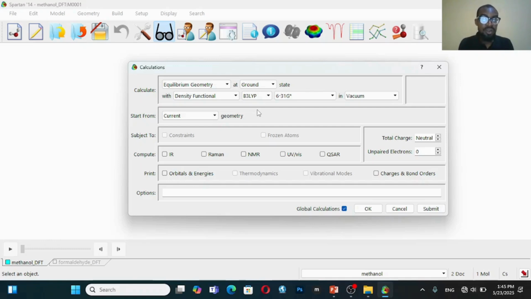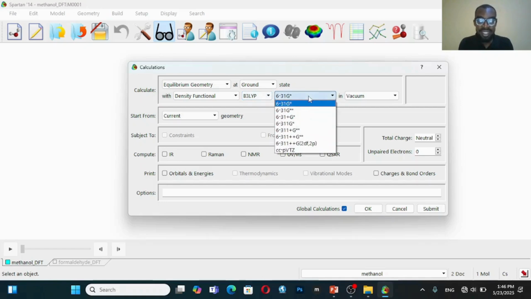I'm doing this because I know that for elements with atomic number 1 to 30, you can always use the B3LYP functional. It's a hybrid functional that's been found to be reliable. However, if you are working with other kinds of compounds, or compounds that will contain atoms beyond that atomic number, or even certain kinds of systems, it's important to choose the correct functional and correct basis set.